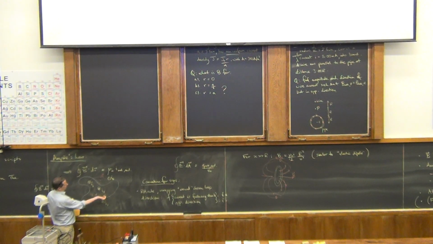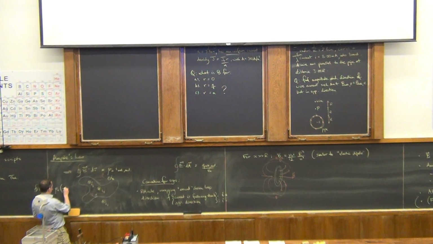By the convention I just outlined, I1 would come in with a negative current value. Why? Because if I'm going around this direction, my thumb is pointing towards us, this is going away from us, so in fact it would be minus I1. By contrast, I2 is coming towards us, and by this right-hand rule convention, I therefore assign it a positive value.